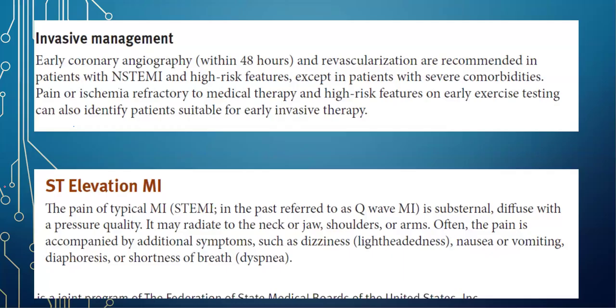All right, moving on. Now we are going into the discussion of ST elevated MI and all this other thing. Have a look in here. Early coronary angiography within 48 hours and revascularization are recommended in patients with non-ST elevated MI.